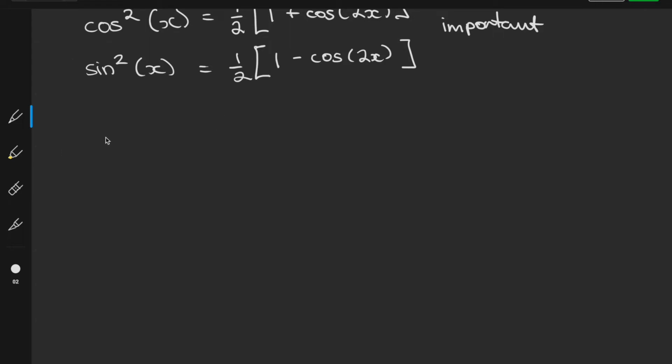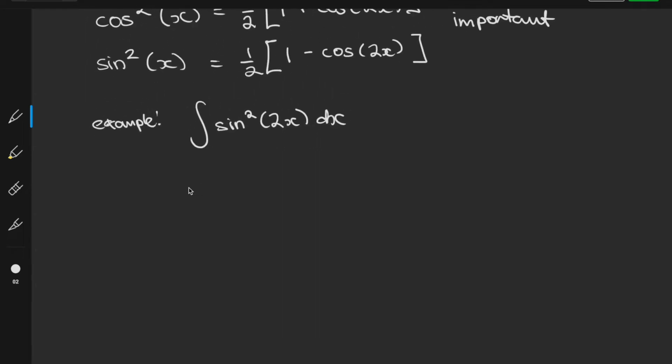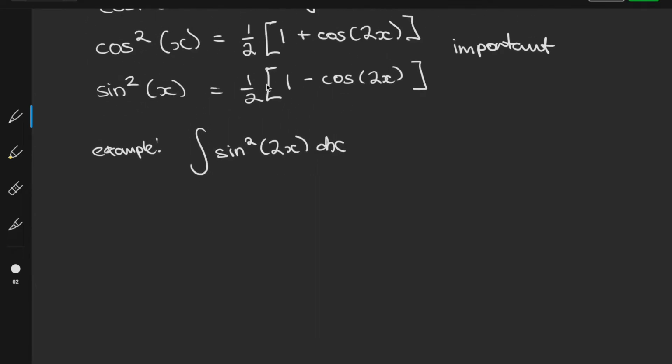What we want to integrate here, I'll just go example. We want to integrate sine squared of 2x dx, of course. So using this up here, we know that sine squared of x is equal to 1/2 times 1 minus cosine of 2x. So what we need to do with this 2x is, this is essentially what this x is here, so that will need to become the cosine of 4x, since this 2x needs to be multiplied by 2, like we have here.